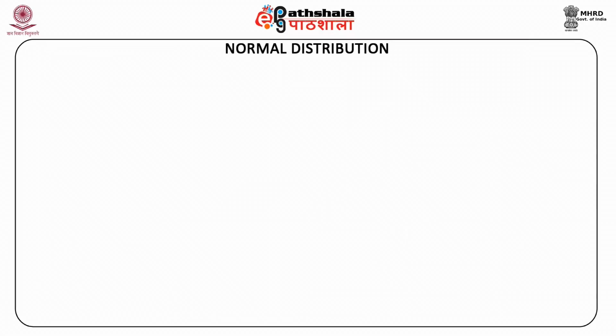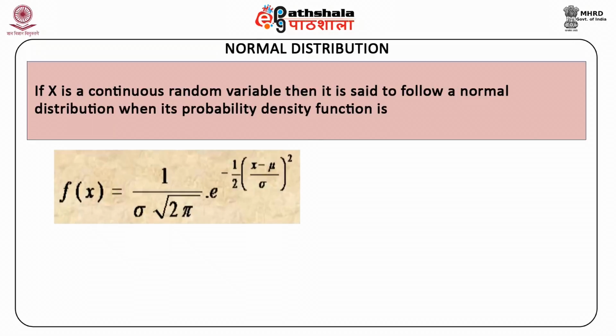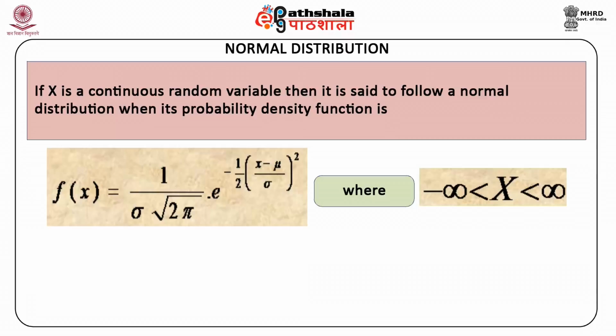Moving on to the normal distribution. If x is a continuous random variable, then it is said to follow a normal distribution when its probability density function is f(x) equal to 1 upon sigma into square root of 2 pi, multiplied by e to the power minus 1 by 2 into ((x minus mu) upon sigma) whole square, where minus infinity is less than x is less than infinity, where mu is the expected value of the distribution and sigma is the standard deviation of x in the population, and pi is equal to 3.14159 and e is equal to 2.71828 are mathematical constants.